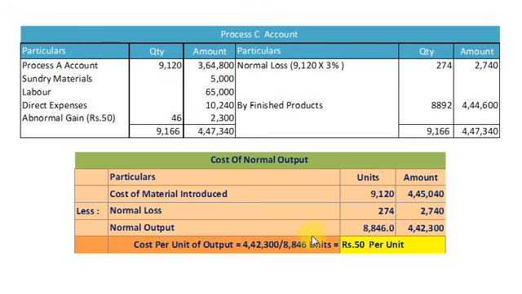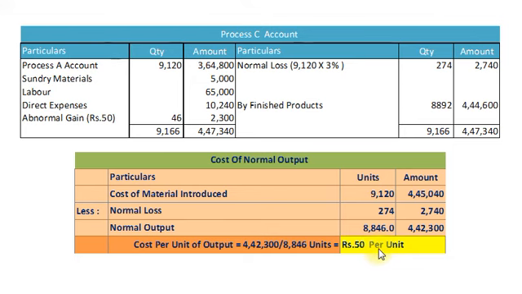So finally our normal output amounts to 8,846 units and cost 4,42,300. And finally our cost per unit of normal output amounts to 4,42,300 divided by 8,846 units is equal to rupees 50 per unit.